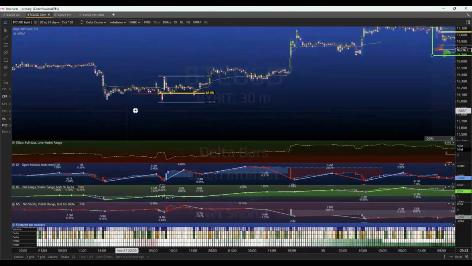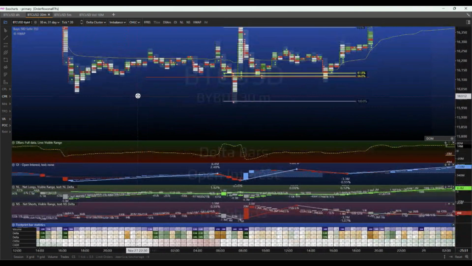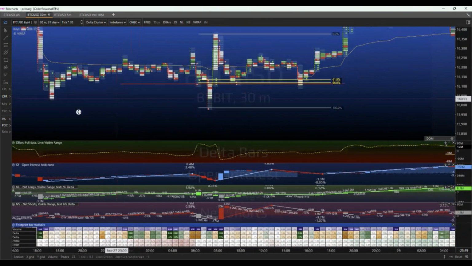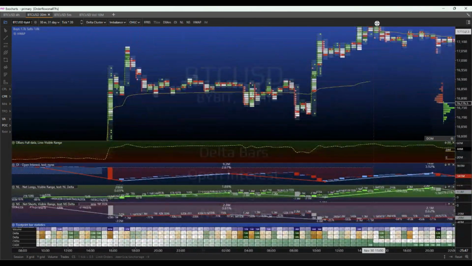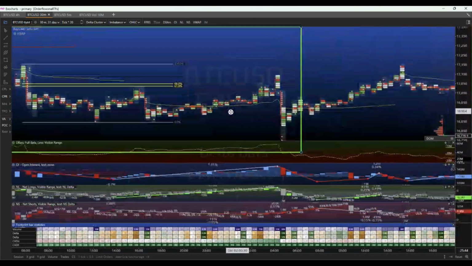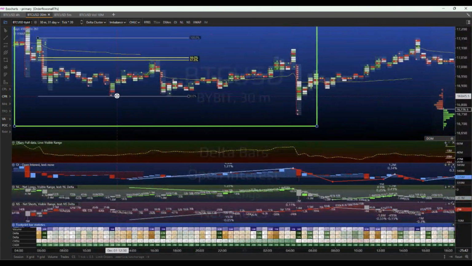I'm not losing you guys. But this one right here, swing failure, right? Move to the upside. And then we got the same thing here. Swing failure here. Liquidity grab. Right there.